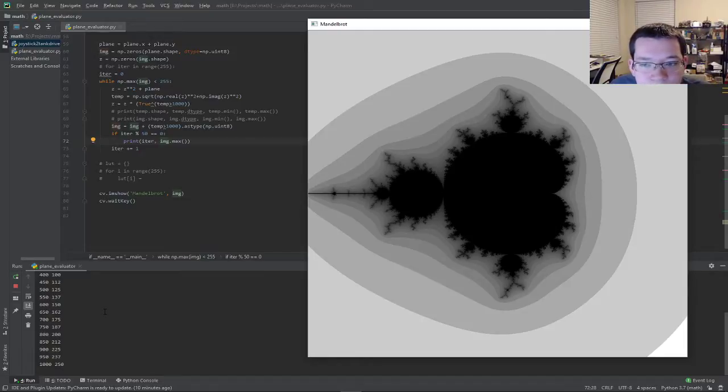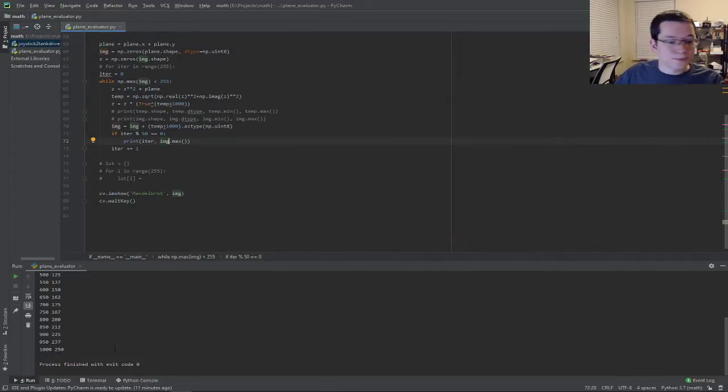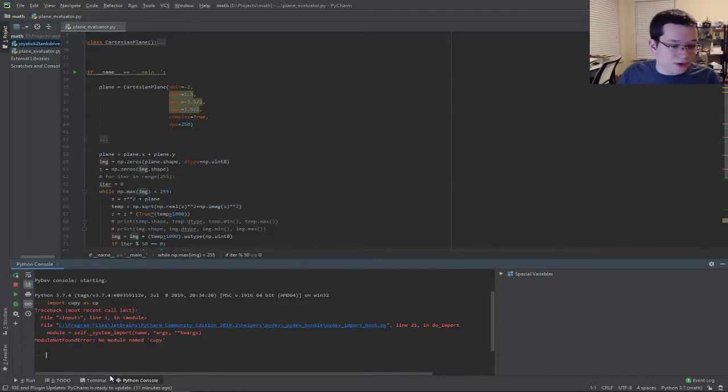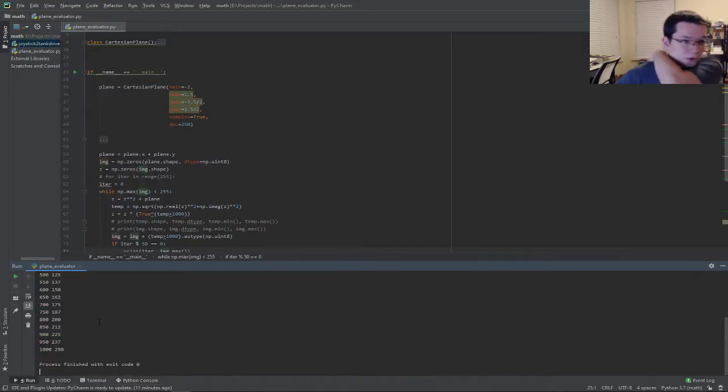Let me see if I have CuPy installed. That's a pretty picture, by the way. Import CuPy as cp. Nope, don't have it installed. I'll have to do that another time.